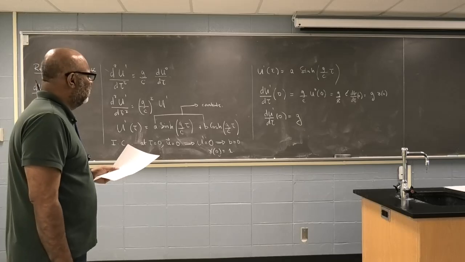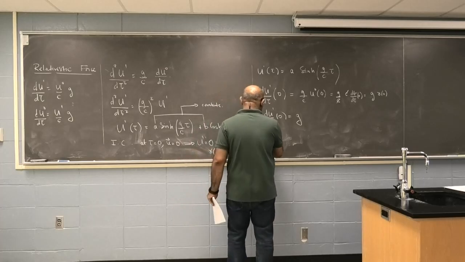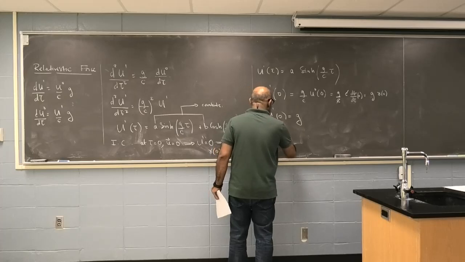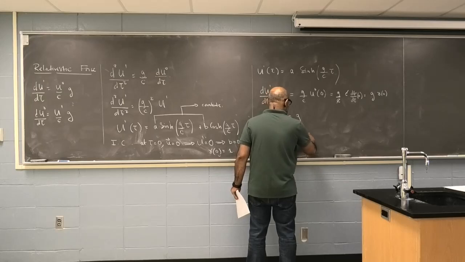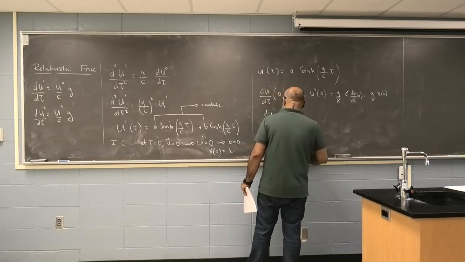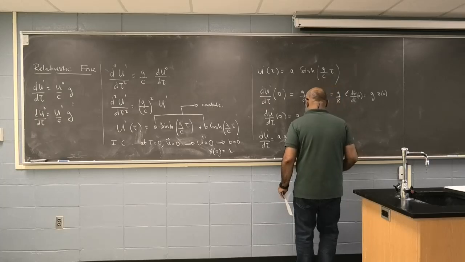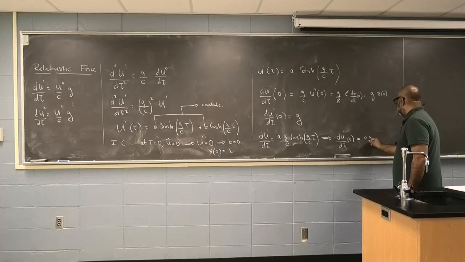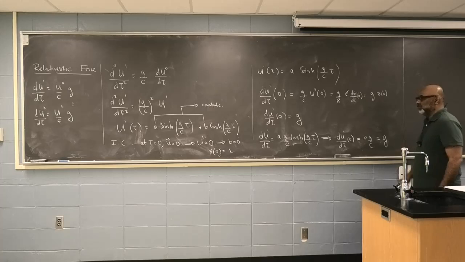This will enable me to calculate what A is. Let me do du1/dtau. A times g over c cosh of g over c tau. This implies du1/dtau evaluated at 0 should be A times g over c, and that has to end up being g from above.